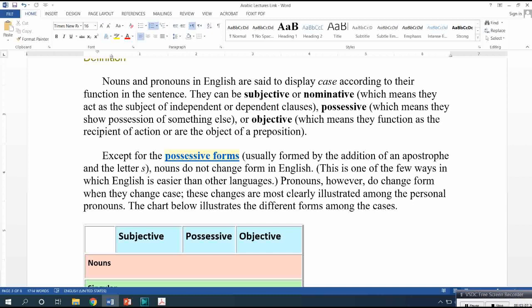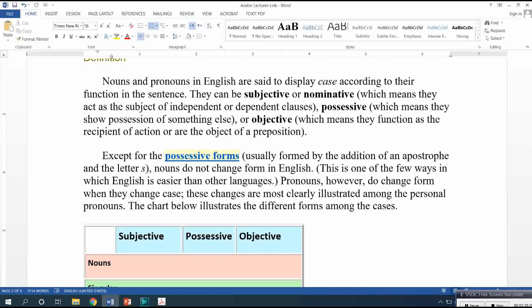Possessive means they show possession of something else. And objective means they function as the recipient of action or are the object of a preposition. See, with examples it will be clear to you.